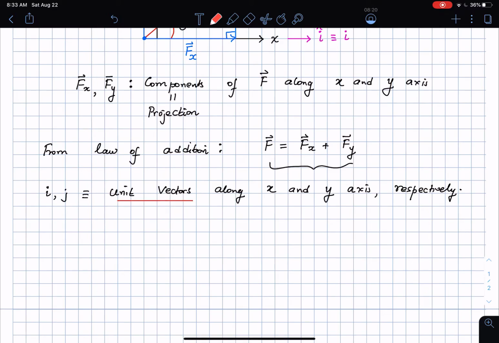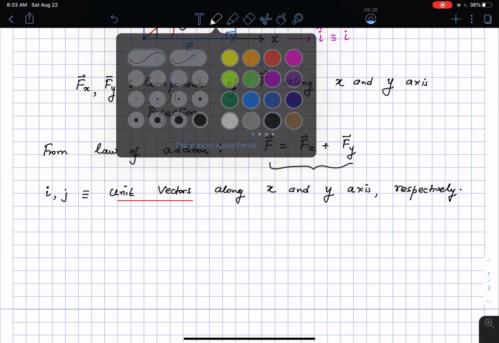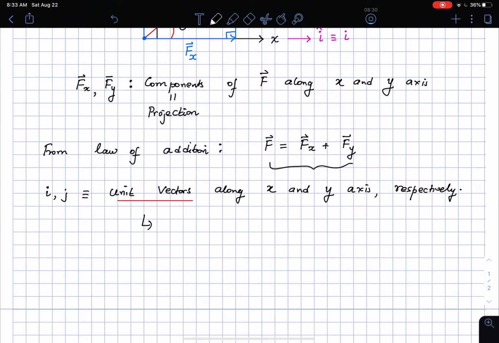A unit vector is a vector that has a magnitude of 1 and a prescribed direction. So in this case, this is a vector of magnitude 1 along a prescribed direction.